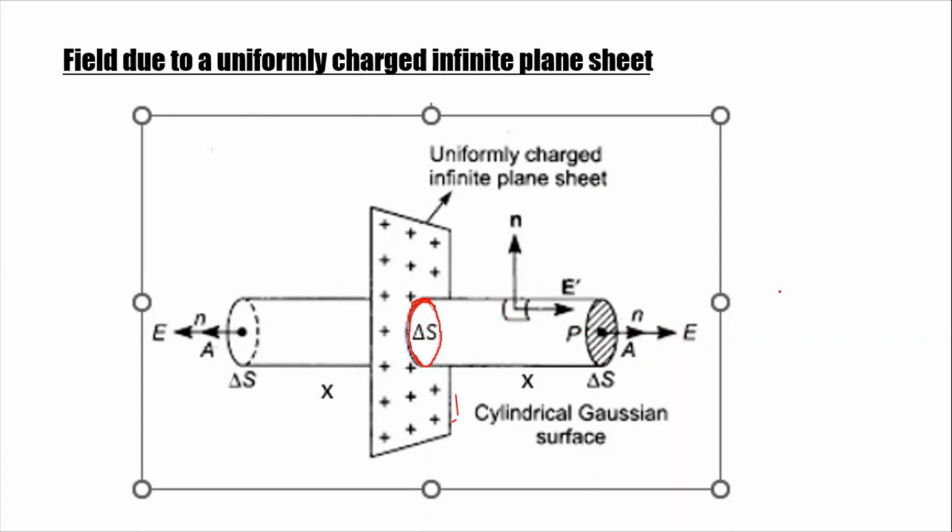In the cylindrical surface, the field lines are radially outward, so on these two faces the area vector and the electric field are parallel to each other. Whereas on the curved surface, the area vector and the electric field are perpendicular to each other, so there are no field lines through it and the flux is 0.